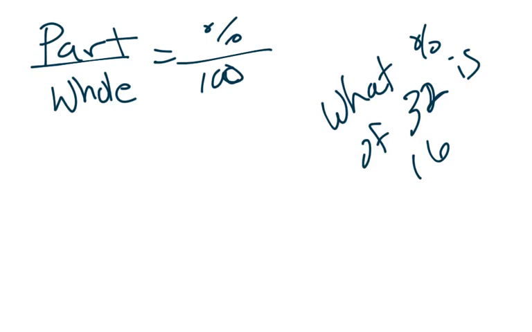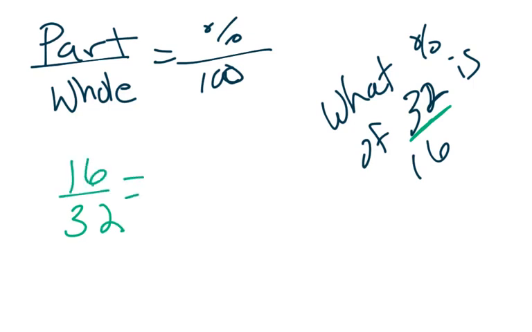But if you use this model in setting this up, you won't have any trouble. So my part and my whole here, I can identify that by saying what percent of: whatever comes after of is going to be your whole. So 32 is my whole, and 16 is my part.